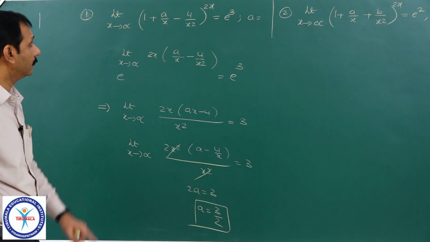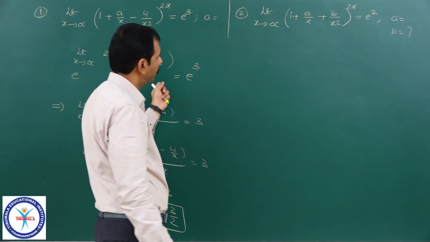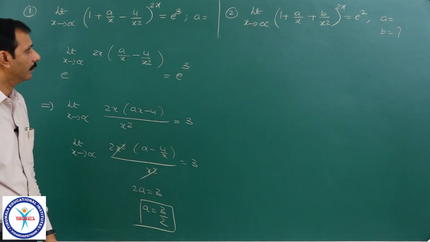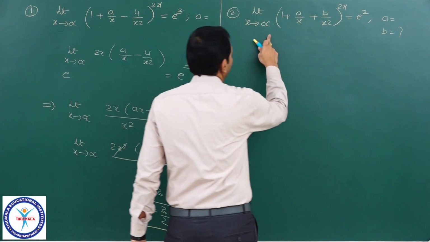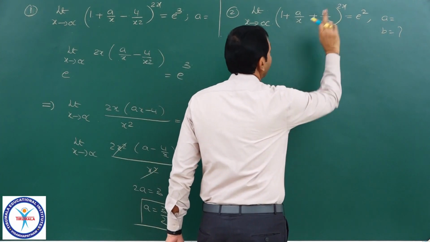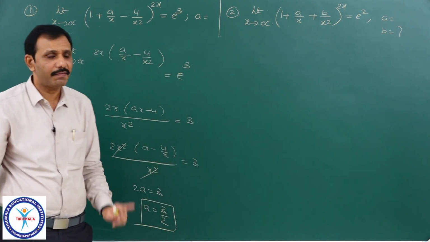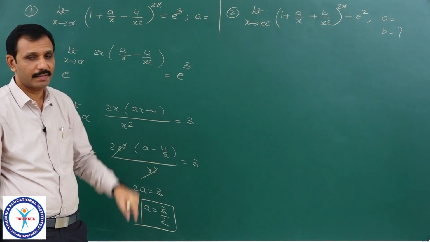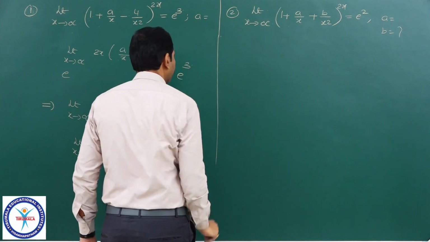And coming to the next one, a similar model problem, both are JEE problems only. As x tends to infinity, 1 plus 0 means 1 power infinity is equal to e square, then a value, b value, two unknowns are there. Let us see.